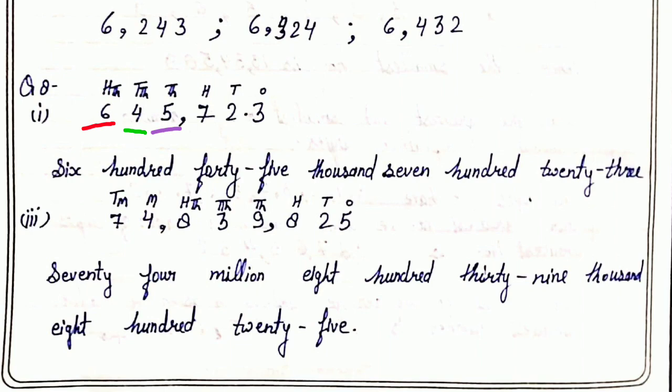After 5, the thousand family is going to finish, so first we write the number name of this much only, so we write 645,000. Now after thousand, 7 is given at 100 place and then 23, so directly we will write 723.